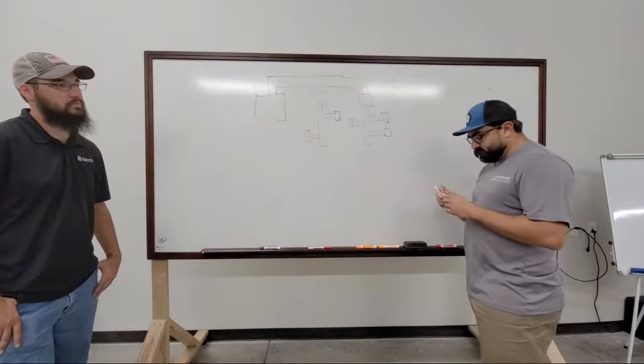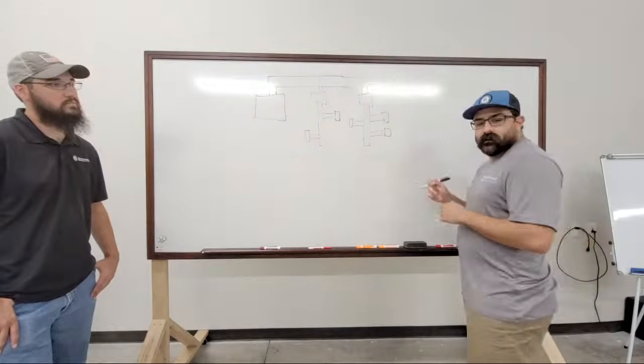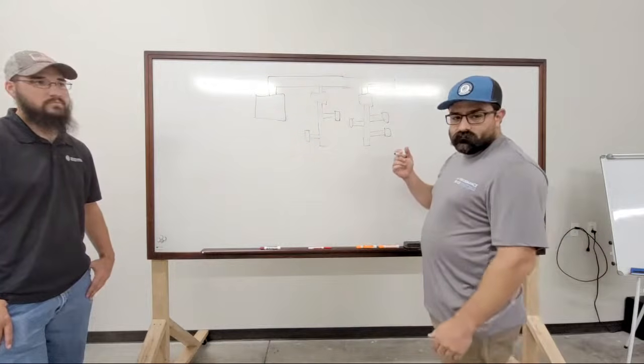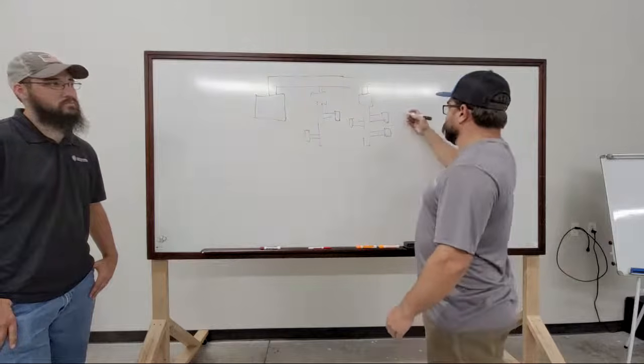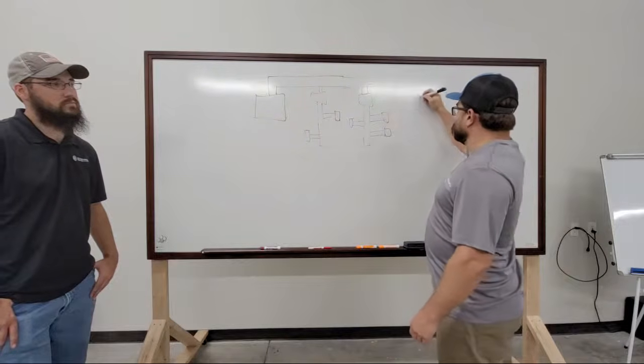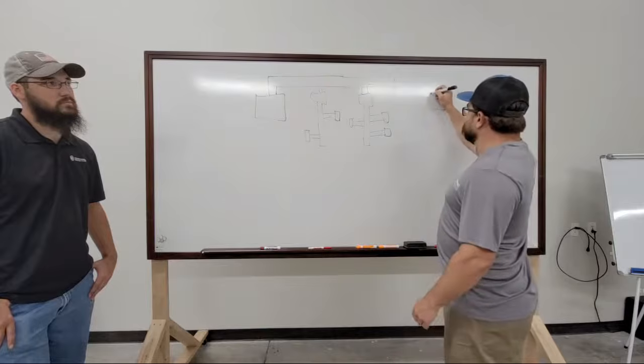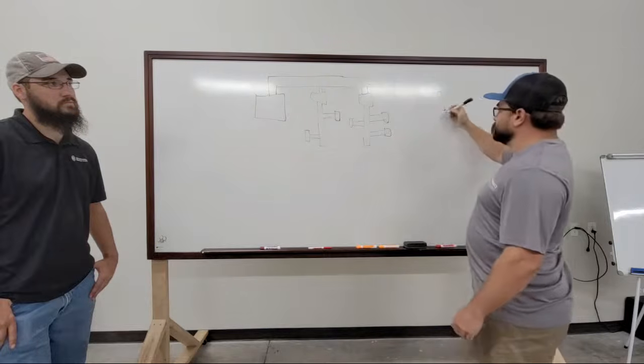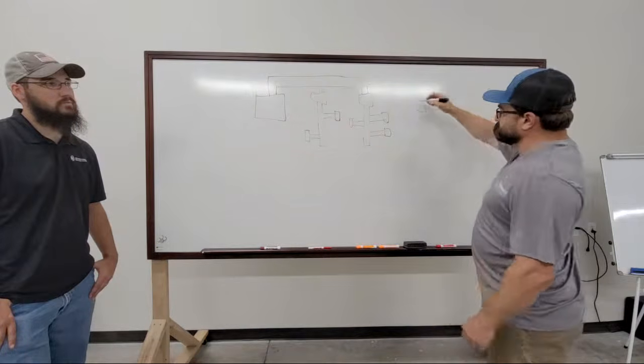There are two main types of terminal units. There are VAVs, which are basically a box with a damper in it that modulates to control how much air goes through it.